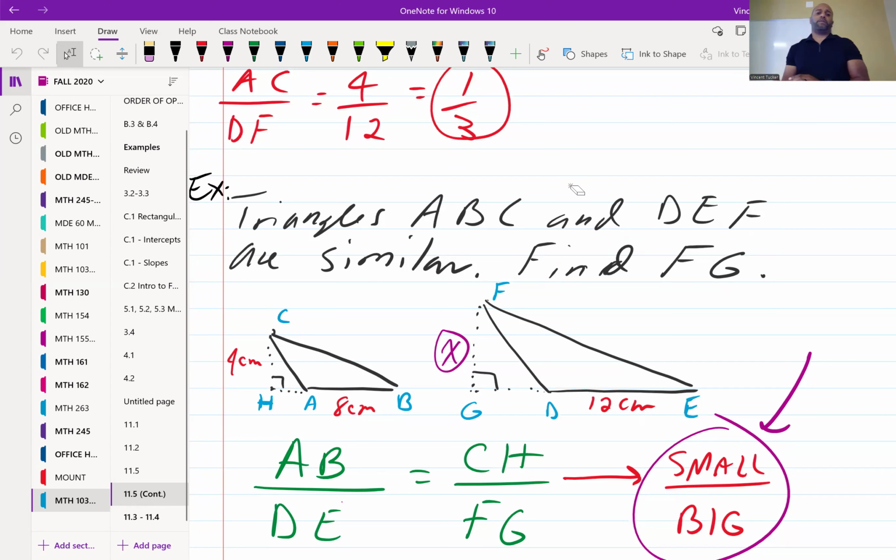So we want to find the height of this triangle, which is FG.